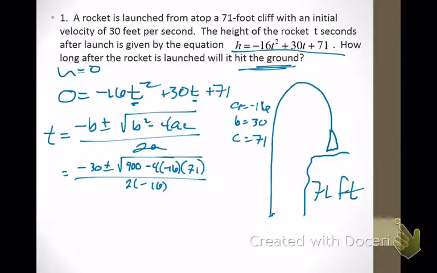Okay, so we start simplifying. This is negative 30 plus or minus the square root of 900 plus 4 times 16 times 71 is 4,544, all over negative 32.